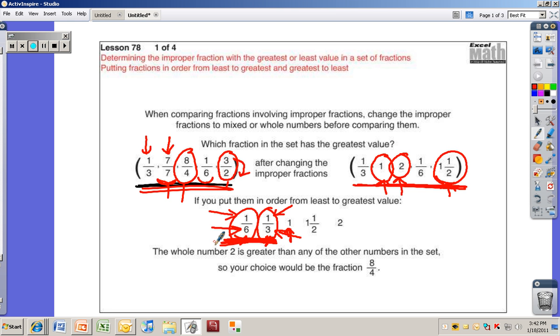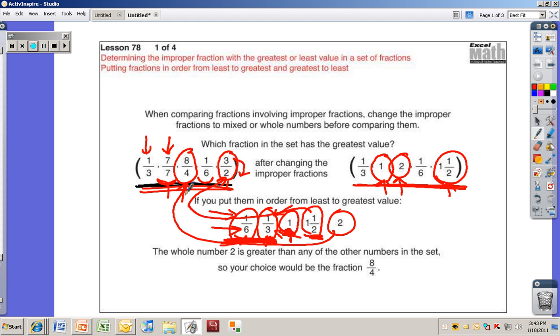It's one piece out of many of the whole. 1 1/2 is greater than 1 because you have a half more than 1. And then 2 is the greatest. And these correspond to certain fractions up here. So we're not saying that the order of the fractions is 1/6, 1/3, 1, 1 1/2, and 2.